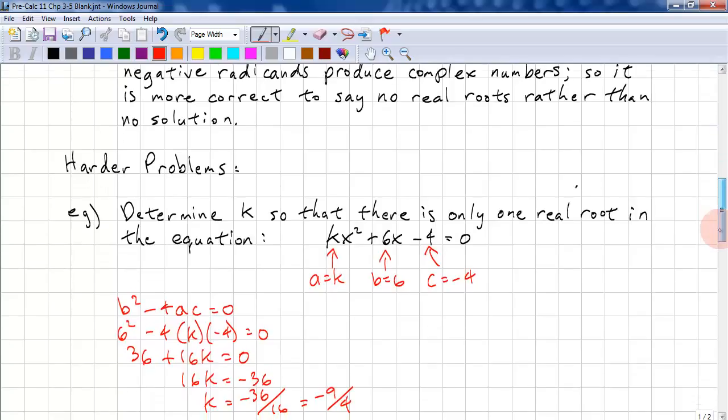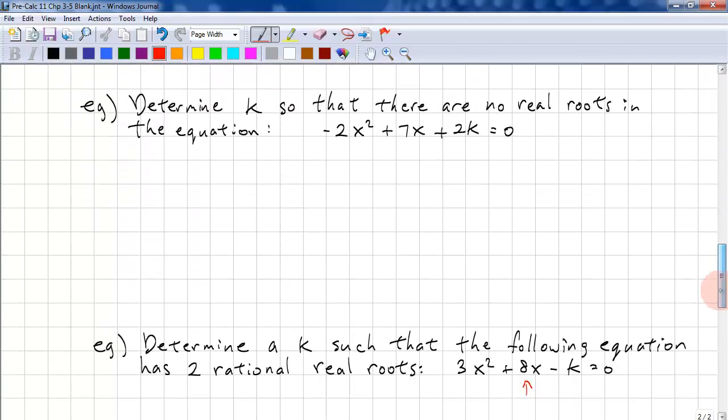Couple more problems. Determine k so that there are no real roots in this equation. Again, a equals -2, b equals 7, c equals 2k. So b squared minus 4ac is less than 0.